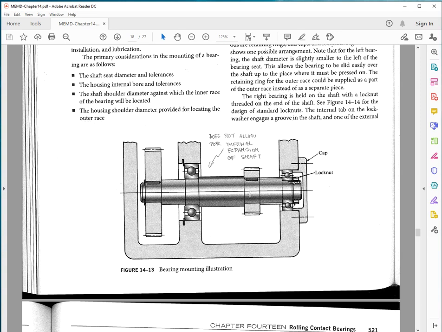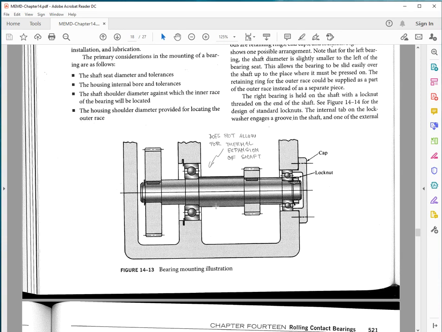So I locate the bearing firstly on the shaft. I have the shoulder here, and then here there's a shoulder as well as a spacer. The spacer actually could serve also as a shoulder.